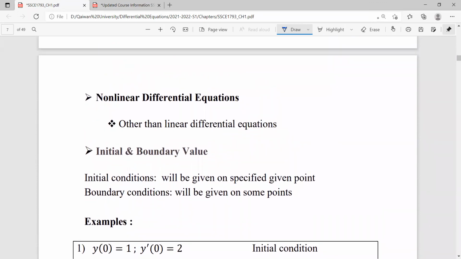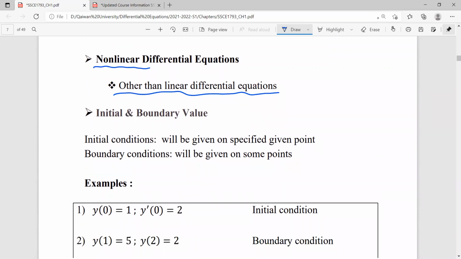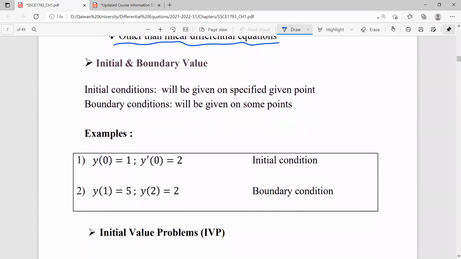Anything other than a linear differential equation is a nonlinear differential equation.